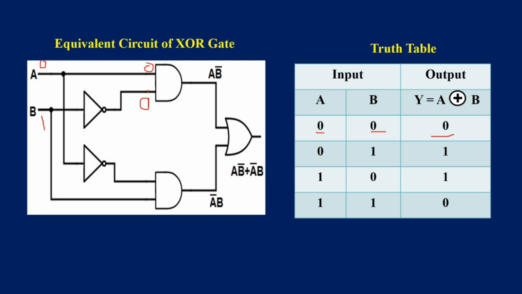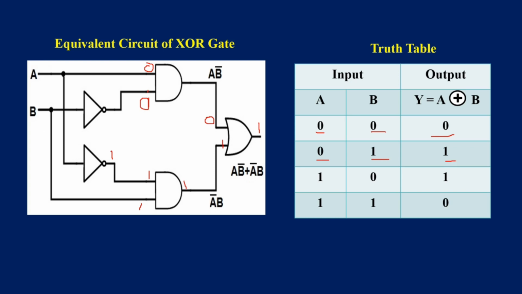So 0 into 0 to the AND gate, this output is 0 here, and this 1 is given to the AND gate, and 0 is given to this NOT gate, it inverts it, becomes 1. So 1, 1, the output will be 1. So this 1 goes to the OR gate, this 0 goes to the OR gate. So 0, 1 logic for the OR is 1. So when it is 0, 1, the output is 1.